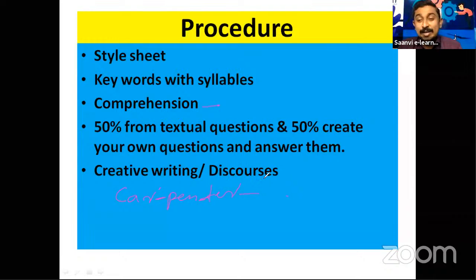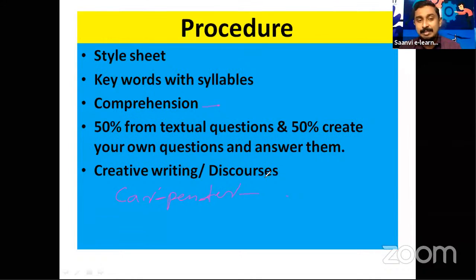And creative writing or discourses will not be there for each reading, mainly for A reading. If A reading and B reading are a continuation, like Dear Departed 1, Dear Departed 2, at the end of Dear Departed 2 or the B reading, you get the grammar part, vocabulary, listening skill, and the discourses. If possible, you can write the creative writing or discourses at the end of the unit, not a problem.